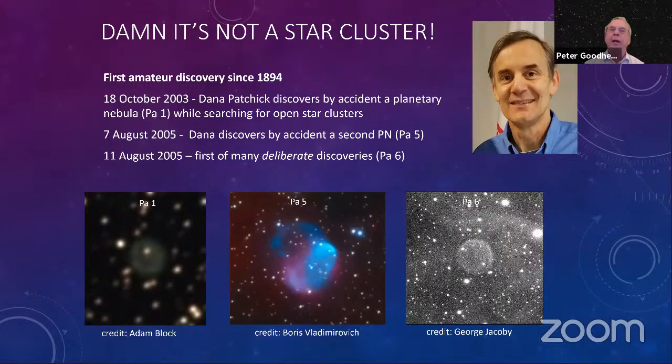But what astonishes me is that although the middle one, PA5, was an image taken just a few months ago, and that was actually a 27-hour exposure by an amateur, Boris, who's very well known in the community, PA1, the one on the left, has never been photographed since then, even though it was the first discovery in over a year.